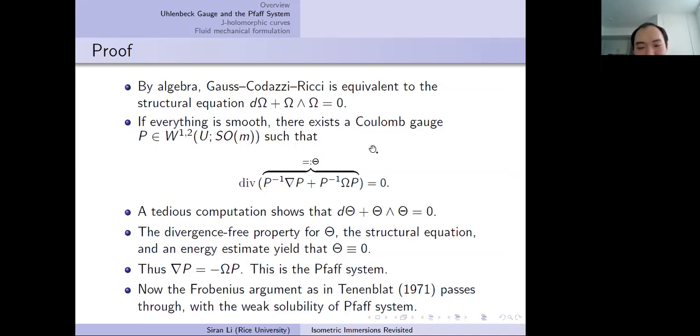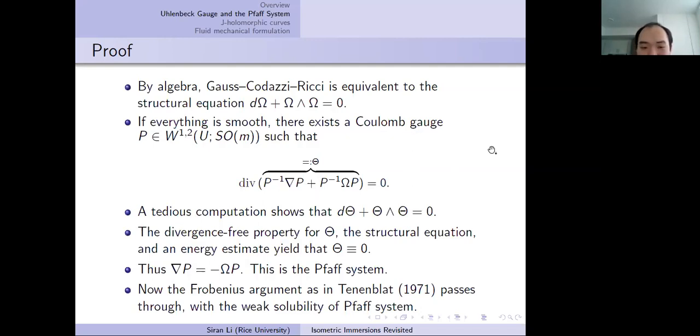By the result of Uhlenbeck, we know that there exists a Coulomb gauge P, which is in W^{1,2} and takes values in the special orthogonal group SO, such that the divergence of θ is 0, where θ is P^{-1}∇P + P^{-1}ωP.